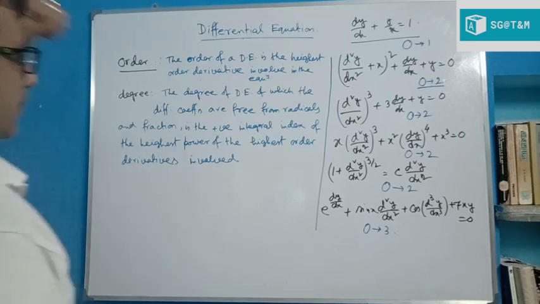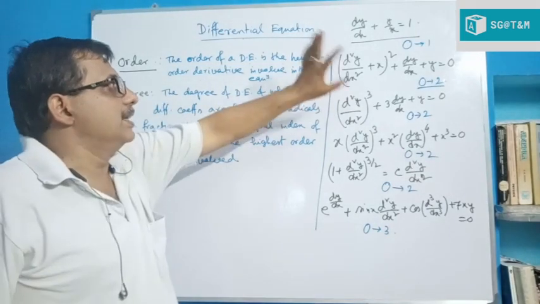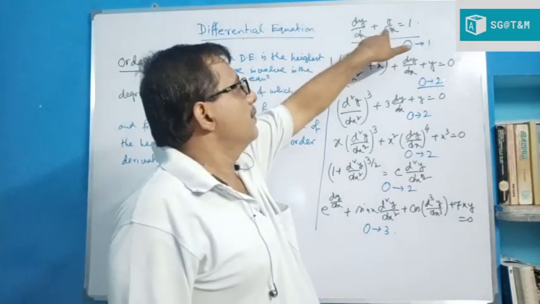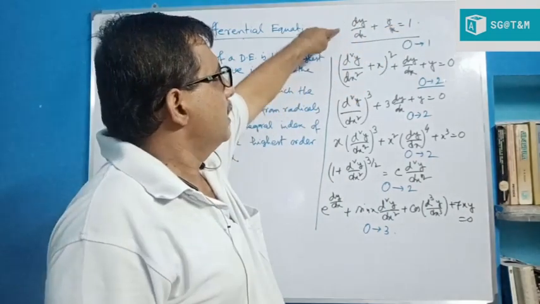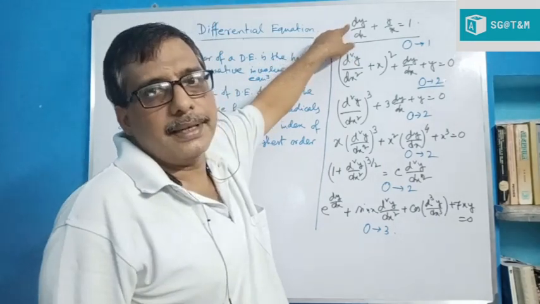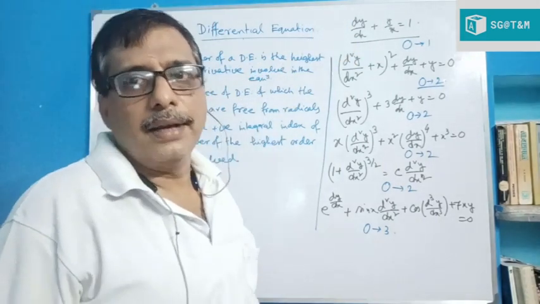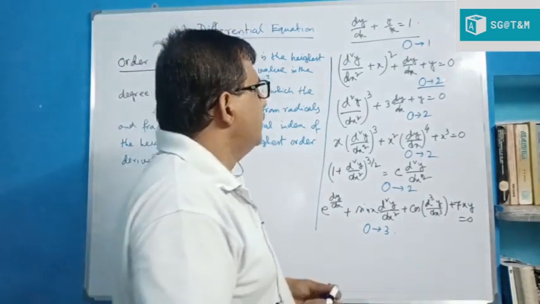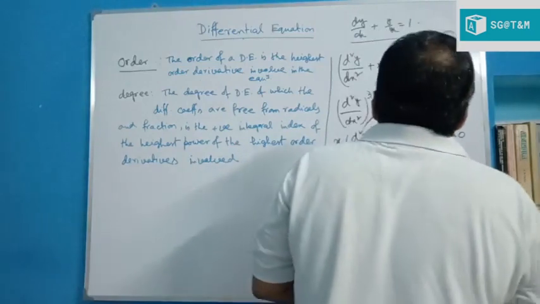So next we study its degree. First one: dy/dx is equal to y by x plus 1. Its order is 1, already written. The highest power of dy/dx here is also 1. So the degree is also 1.